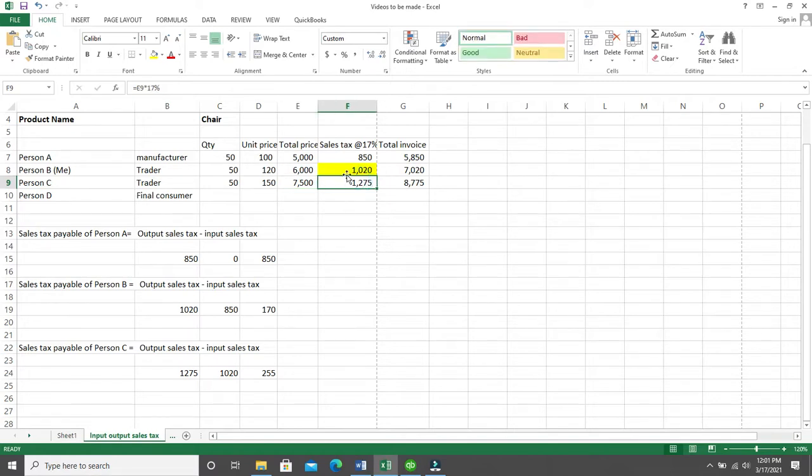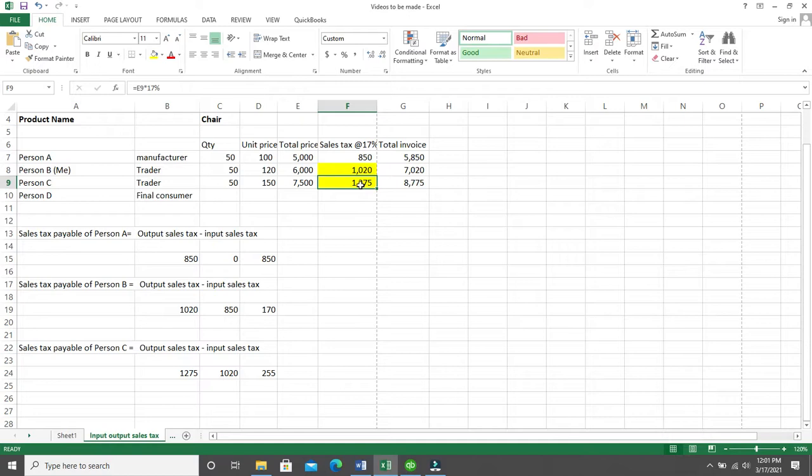Person C shall charge sales tax at the rate of 17%, which comes to 1275, and his total invoice is 8,775. Now he has charged sales tax 1275.